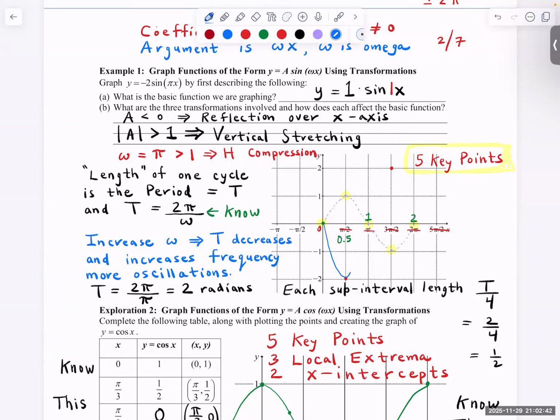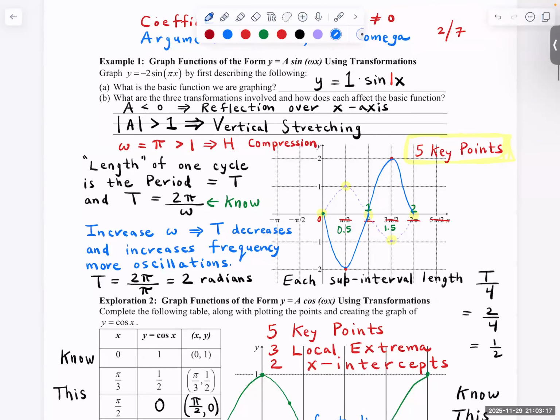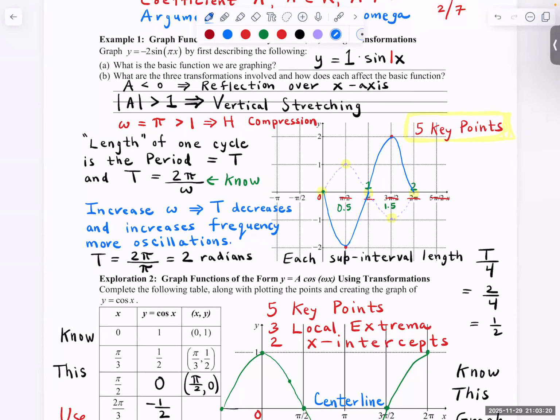Then at 1 radian, we'll have a third key point, and at 1.5 radians, as the graph continues to rise to the peak positive value of 2, the graph has a turning point, will fall and return to the x-axis at 2 radians. And that completes one cycle from 0 radians to 2 radians.